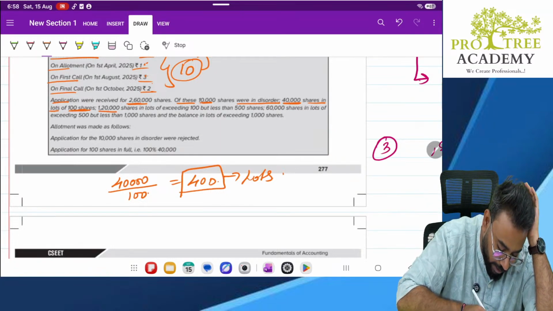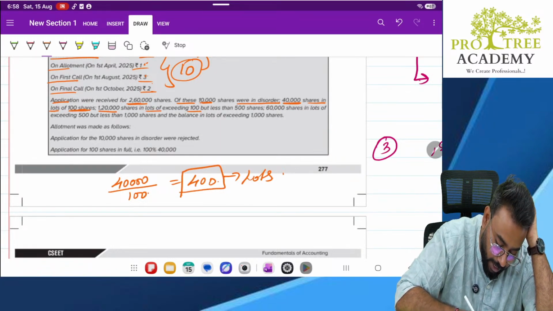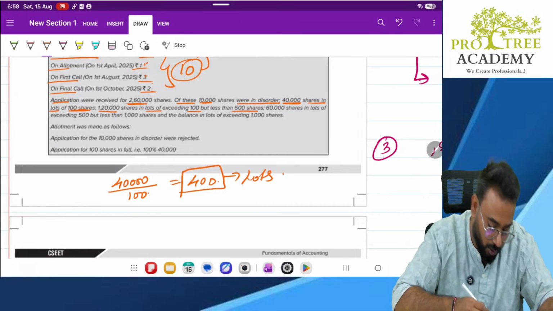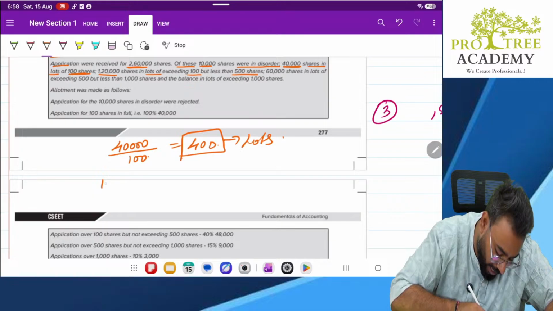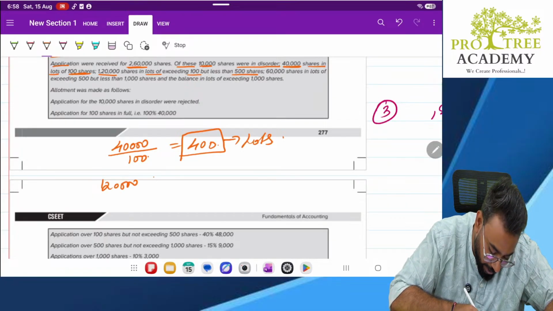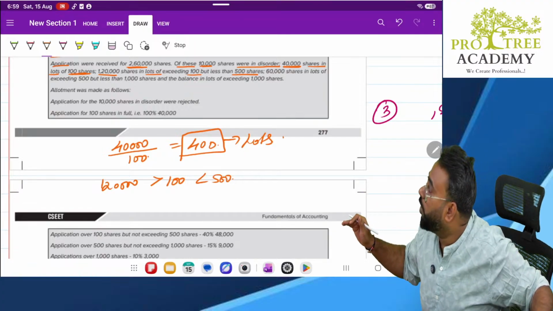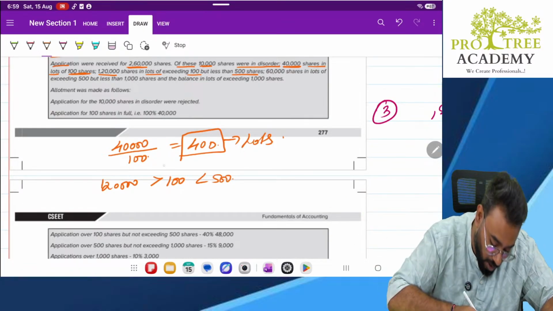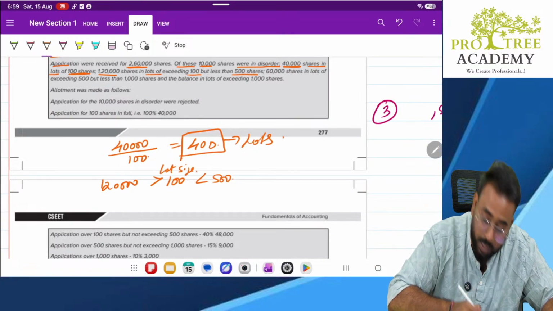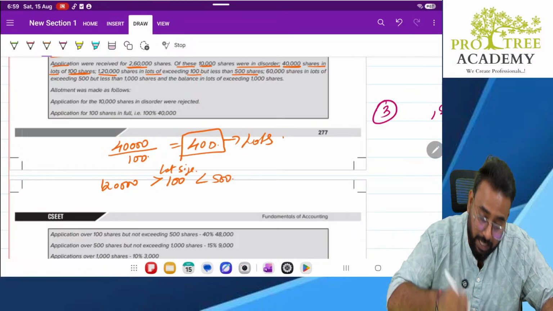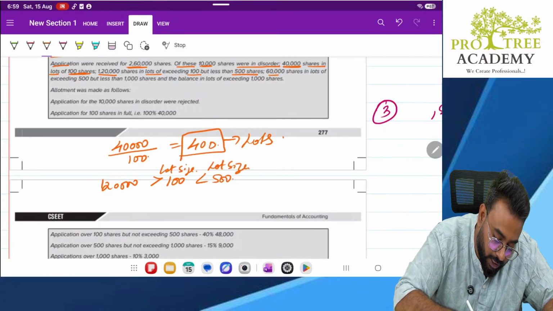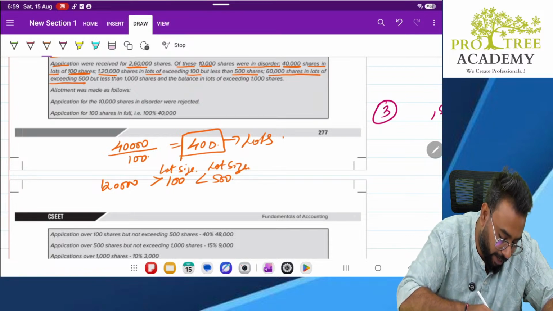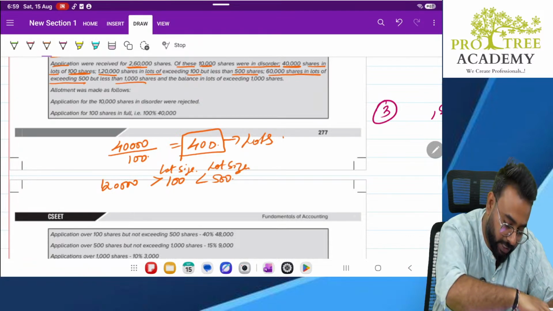Next, 1,20,000 shares in lots exceeding 100 but less than 500 shares. That means the lot size was exceeding 100 but less than 500. Then 60,000 shares in lots exceeding 500 but less than 1,000, same lot size idea.